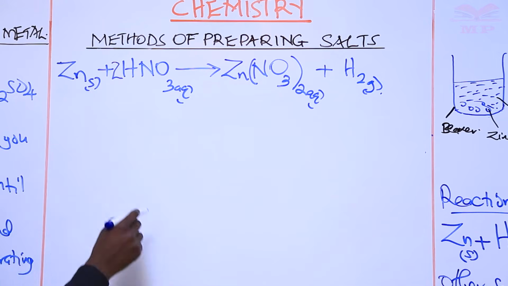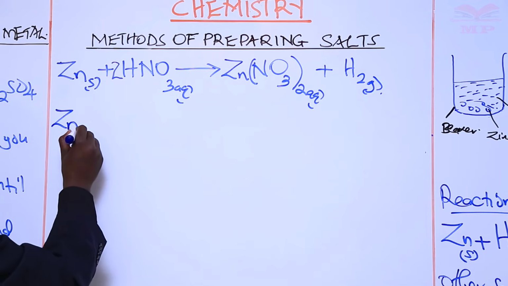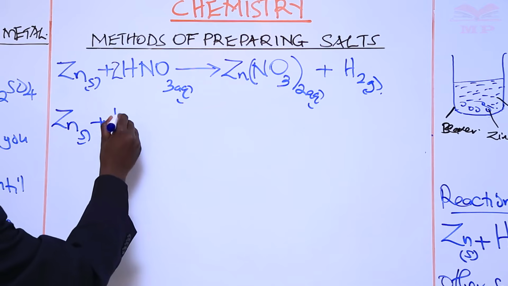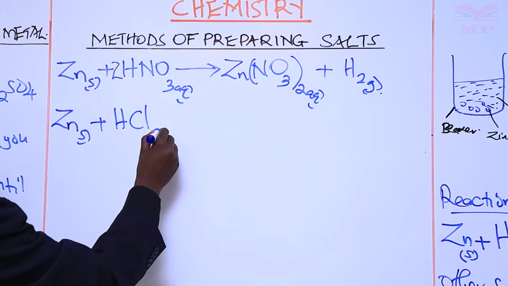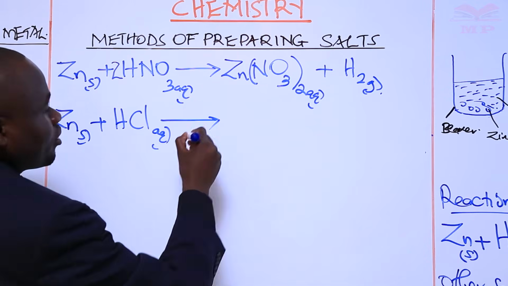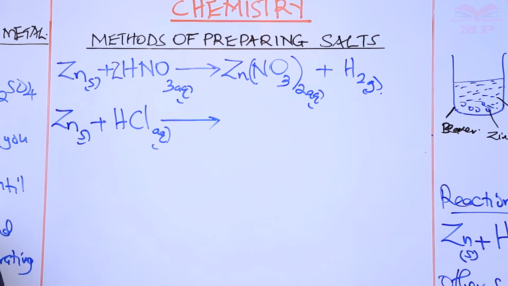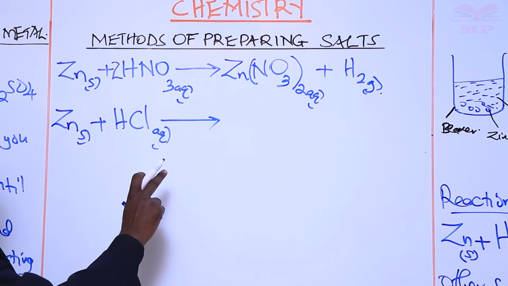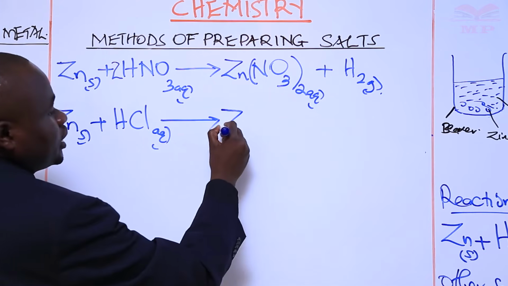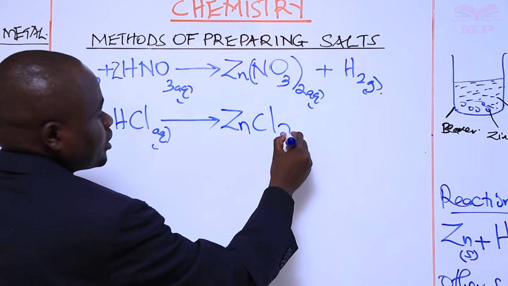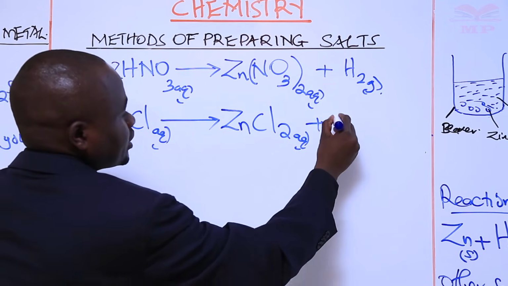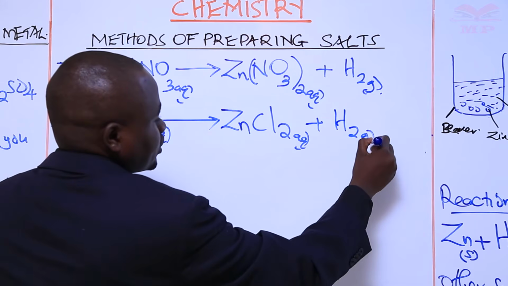Preparation of zinc chloride, we react zinc with hydrochloric acid. This is another example where we are reacting acid and metal. You still get a salt and hydrogen gas. So our salt that will be formed will be zinc chloride plus hydrogen gas.